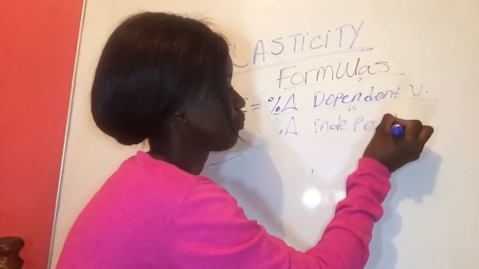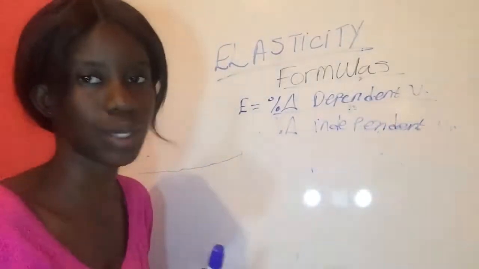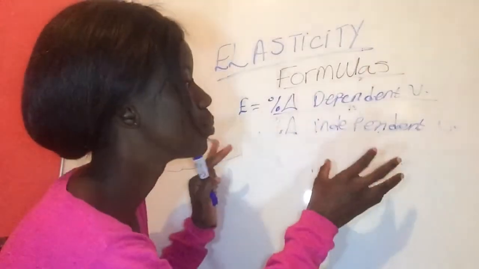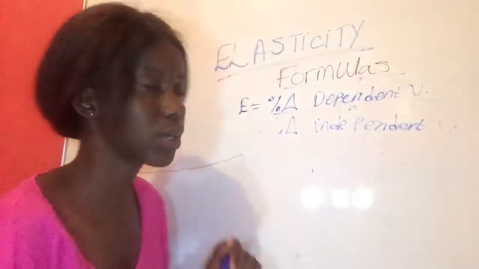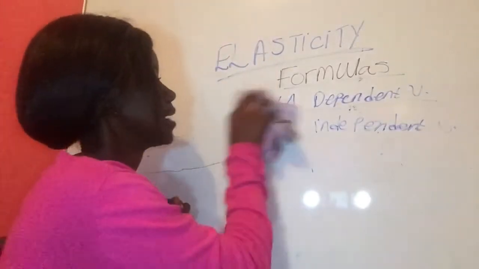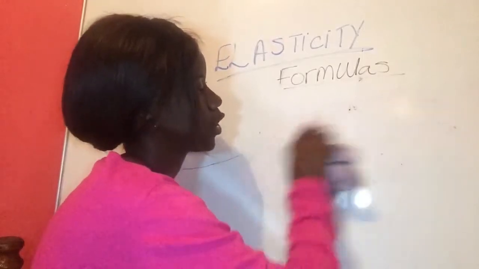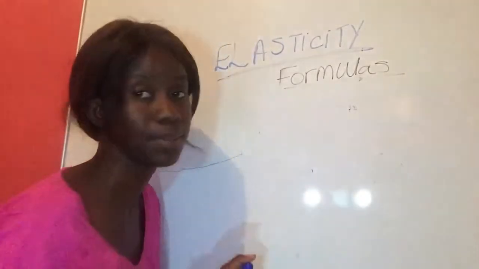So this is what we said our formula is. Now we're going to break it down. You can just keep this formula in mind because, due to space, I'll have to erase it. It's just percentage change of the dependent variable over percentage change of the independent variable.